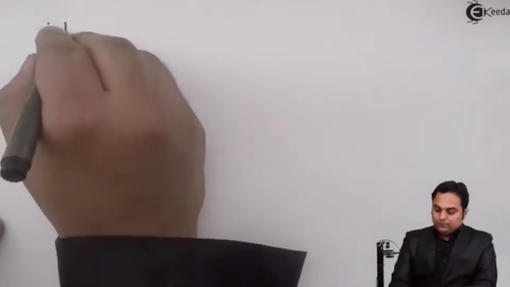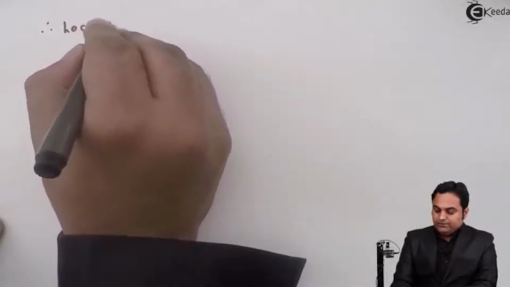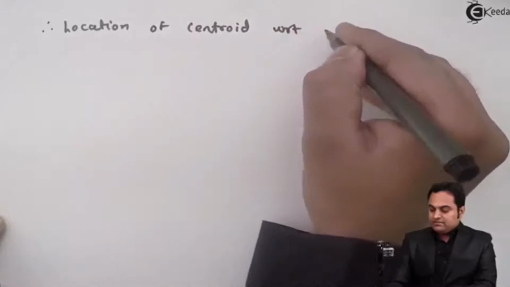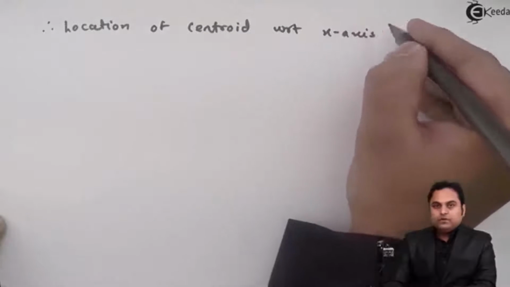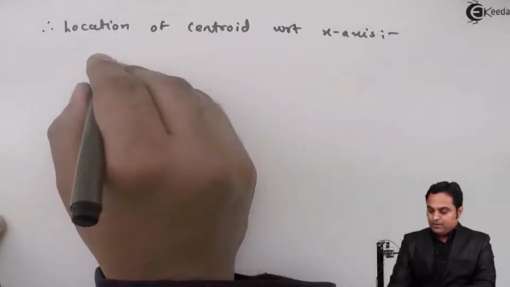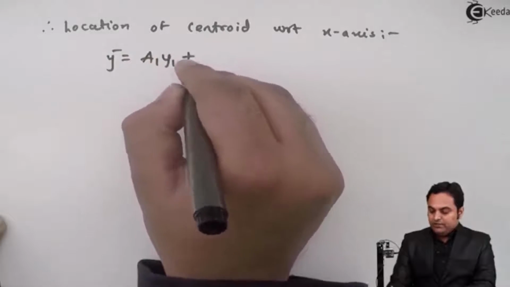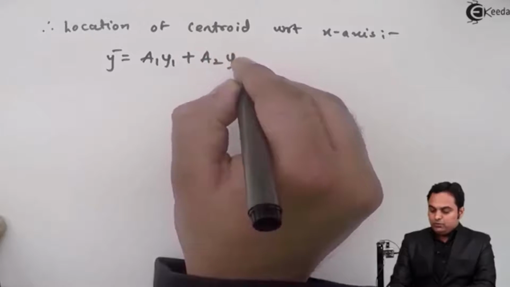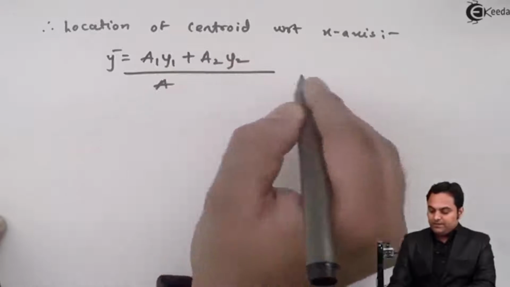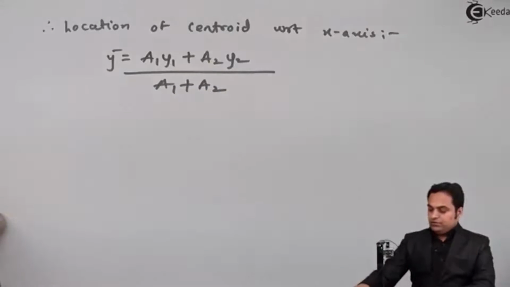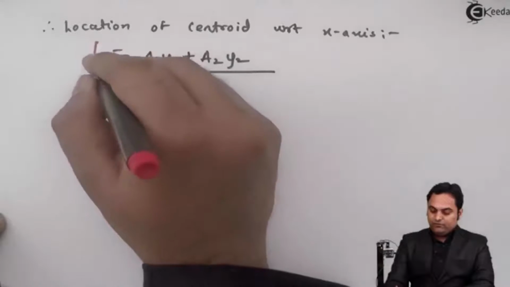Therefore the location of centroid with respect to x-axis is given by y bar is equal to A1 y1 plus A2 y2 divided by A1 plus A2. So here we have the formula of y bar.